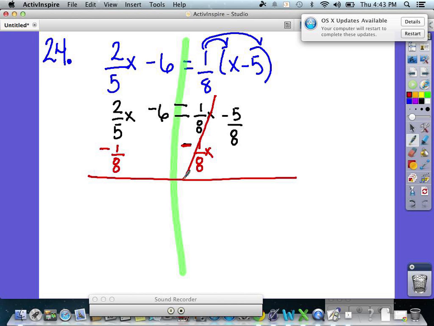Put your handy dandy calculator. 2/5 minus 1/8 will give us 11 over 40 x.